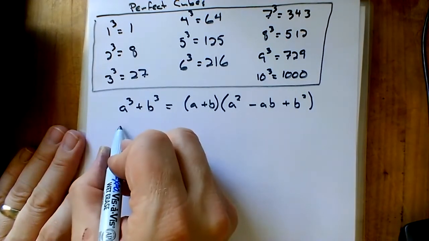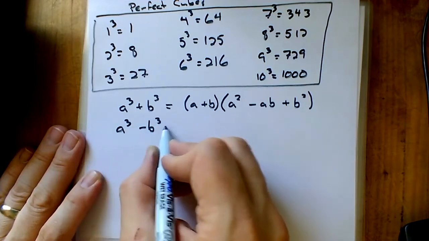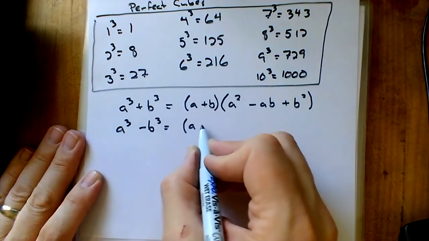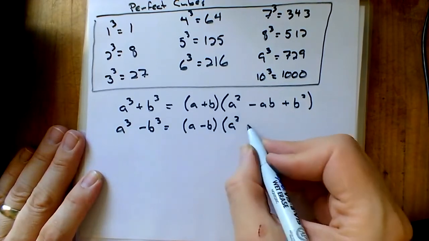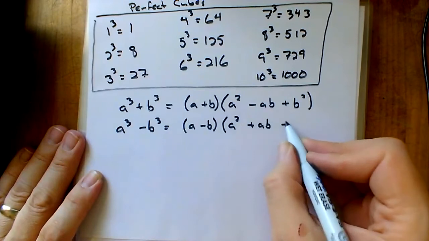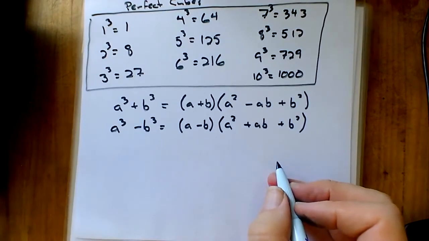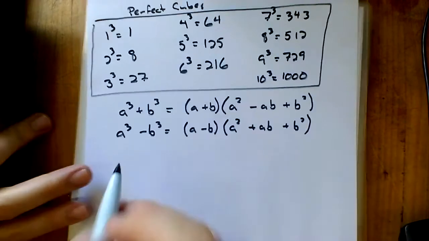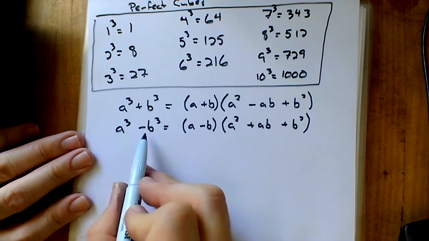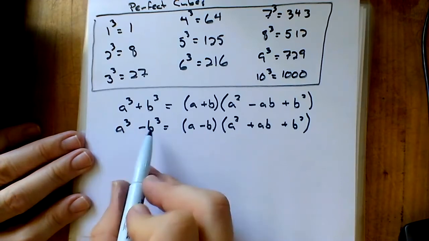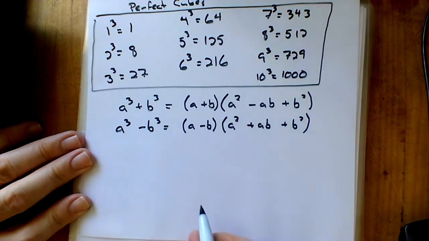If it is the difference of cubes, so a cubed minus b cubed, this is going to be a minus b times a squared plus ab plus b squared. So what you're going to do is identify what expressions cubed would be in here, and then we're going to fill in the rest of this.